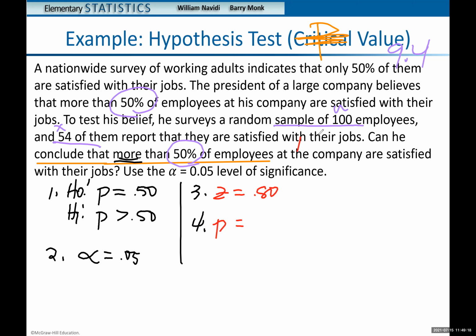Make sure that this is the 1-prop Z test. And what is the p-value? I also got 0.80 for Z. So yes, the p-value is 0.2119.